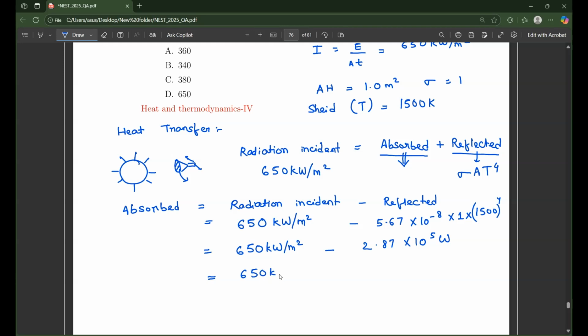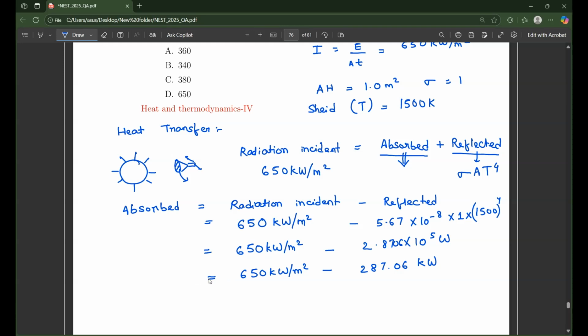This is in kilowatt per meter square, and this is 287.06 kilowatt. Now this is in kilowatt per meter square and this is in kilowatt. How come?